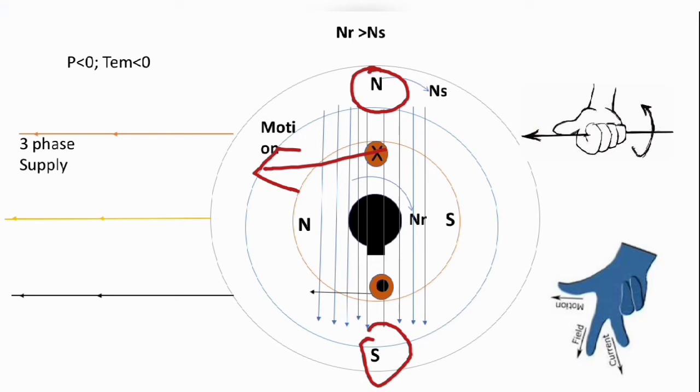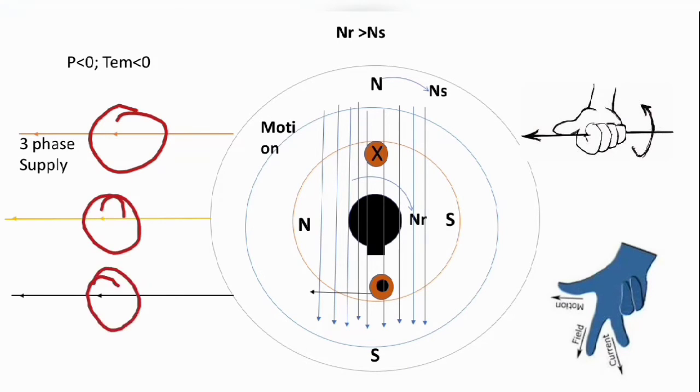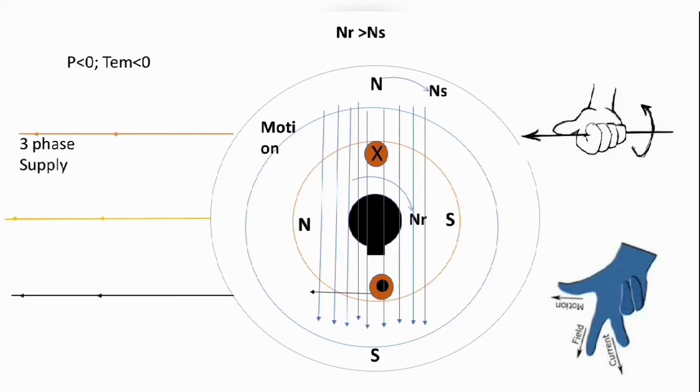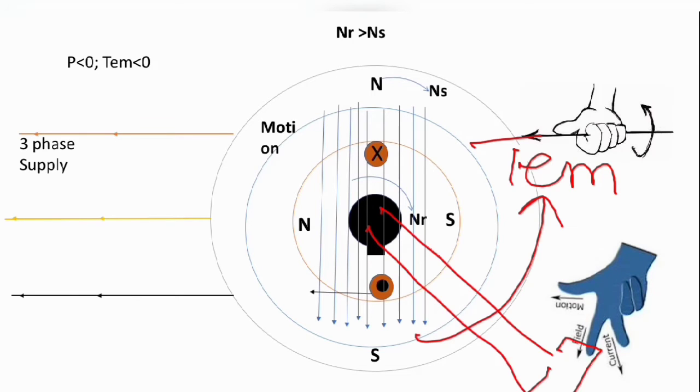The direction of active power will get changed. In the previous case active and reactive power were both received, but in the case of generator only reactive power is received, and active power will get supplied. This is the direction of active power. Through this way you understand the difference between motor and generator.